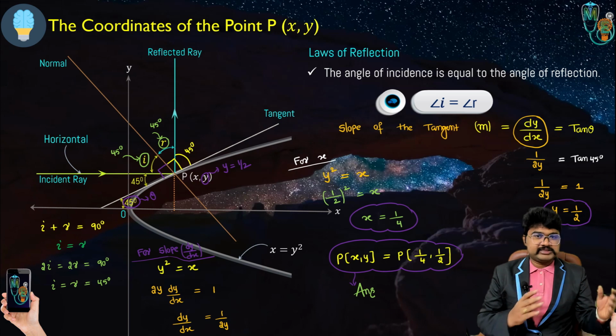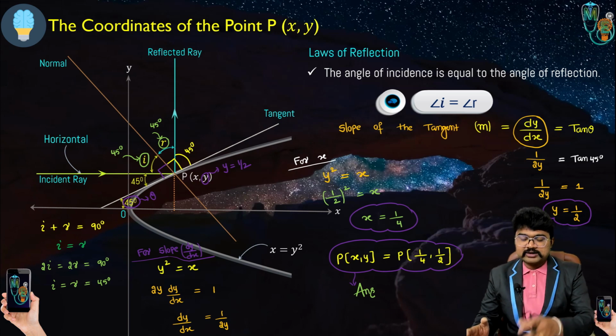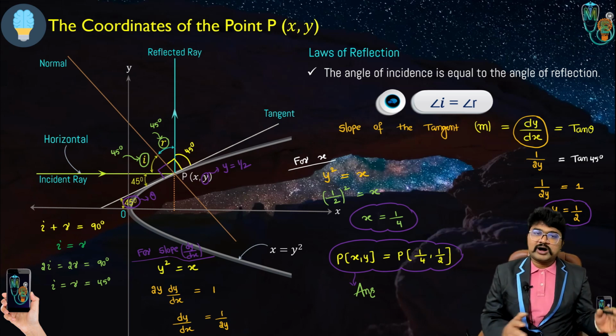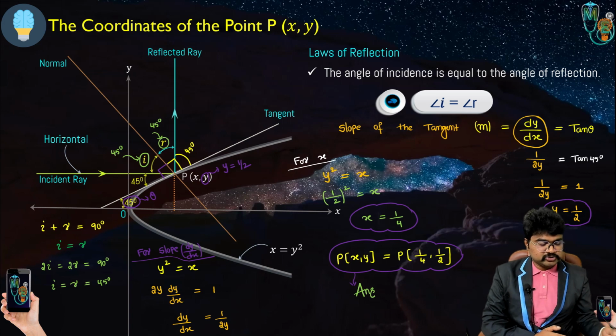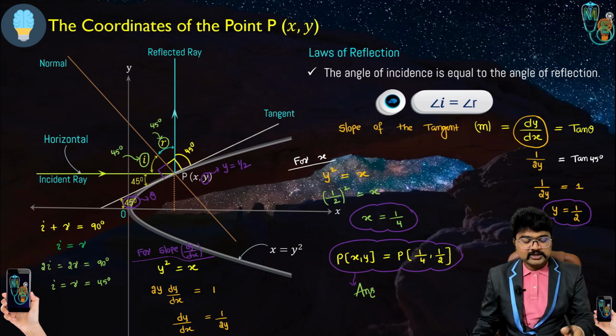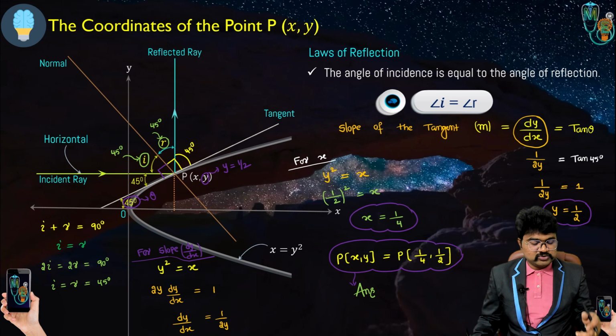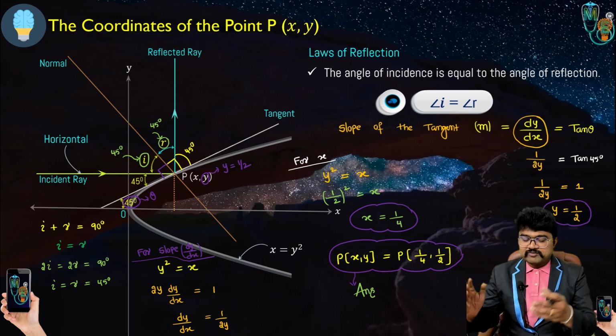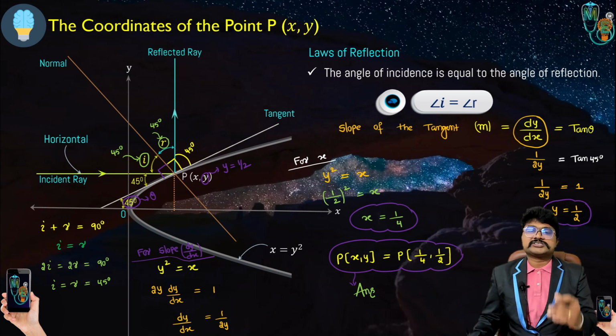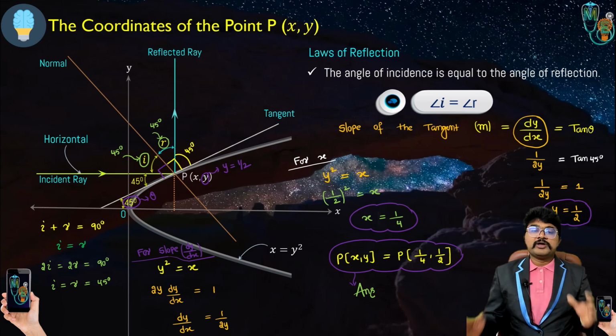And we equated it with tan theta, with theta calculated from the geometry. Finally, you got y equal to 1 by 2. You substituted y equal to 1 by 2 in the equation of the parabola. Then you got x equal to 1 by 4. Finally, the point P, x comma y equals 1 by 4 comma 1 by 2.